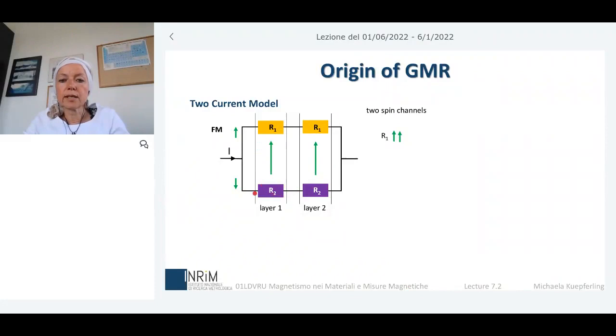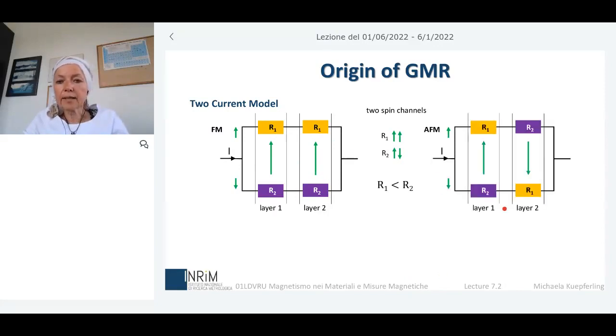So of course here R1 would refer to a parallel configuration. R2 would refer to an anti-parallel configuration. So R2 will be always larger than R1.